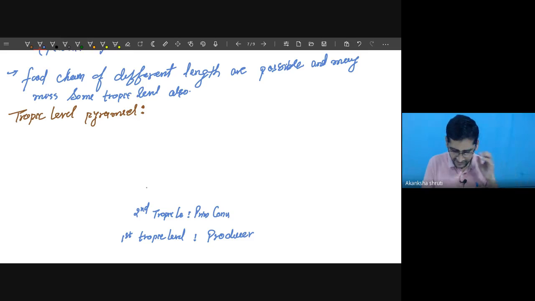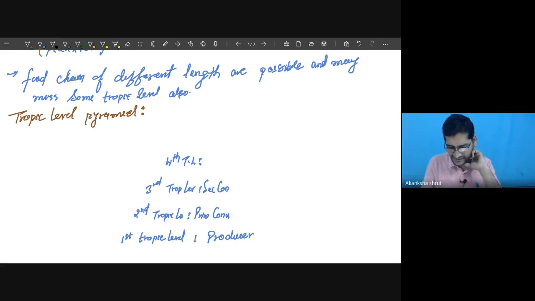The next one is our third trophic level, called secondary consumer. Another one is our fourth trophic level. These are the tertiary consumers.